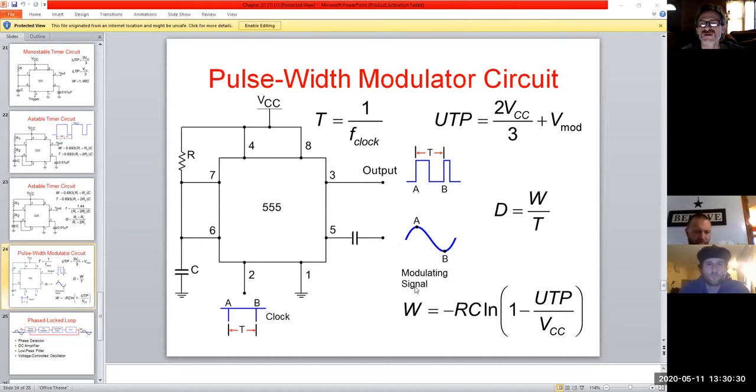Very, very simple operation. And we can do 2 different styles with this guy. This particular one is something they call pulse width modulation, PWM.